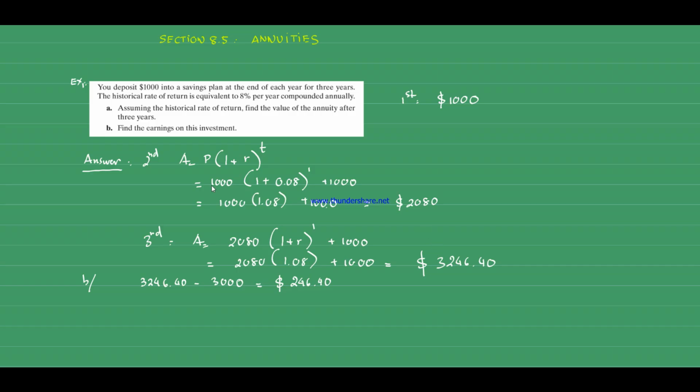Now, if you notice, every year we have this part, 1 plus R. The reason you have 2.08 over here is because of this one. So it looks like you have P times (1 + R) raised to the second, so it's going to be in this form.